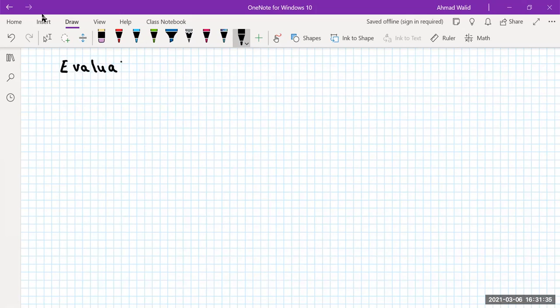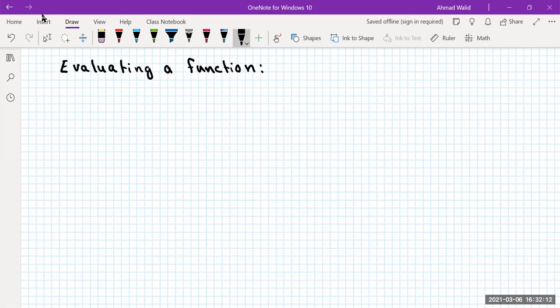Evaluating a function means finding the numeric value of your function at a given value or values.